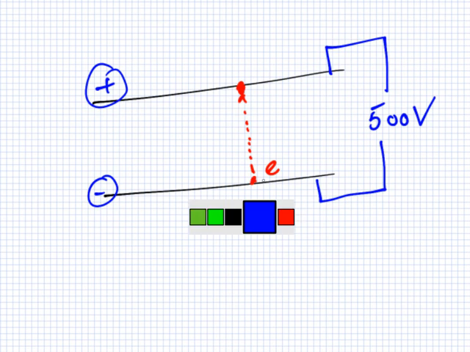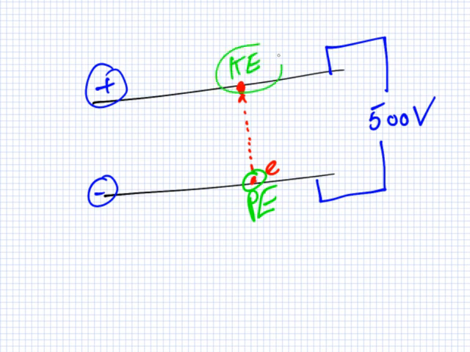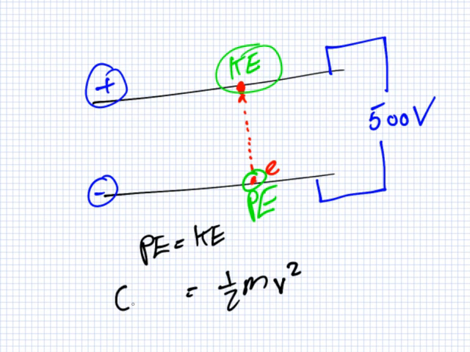So when it's here, it has potential energy. Then it starts to accelerate and hits the plate here. It will have kinetic energy. You know that the potential energy at the bottom will have to equal the kinetic energy at the top here. So you know a half mv squared must equal q. Now we have to be very careful here. This is a half m velocity squared, but this is charge multiplied by voltage.